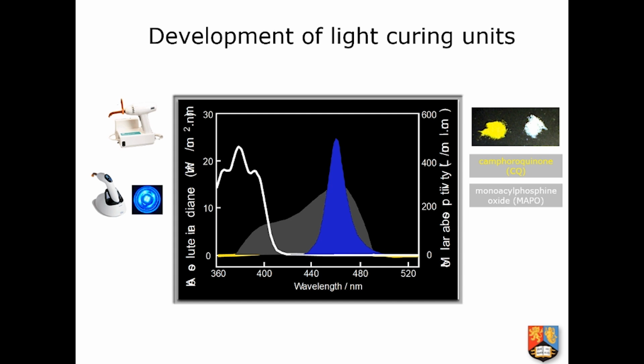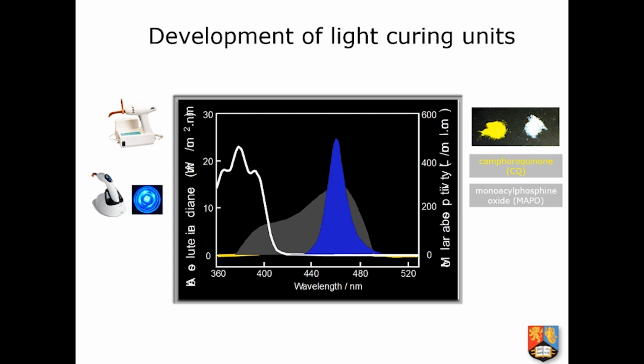But if you are layering composites and you require translucent shades without much pigment, or patients desire very bright white shades, then these types of materials can be problematic. So some manufacturers will reduce the amount of camphorquinone, the yellow pigment, and use alternative photoinitiators.